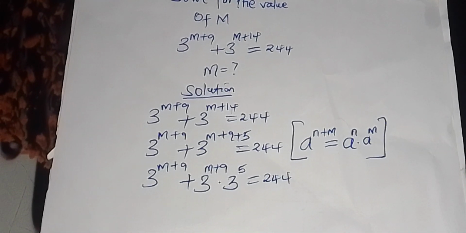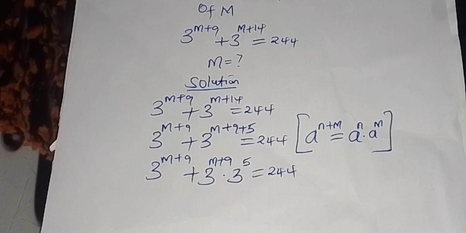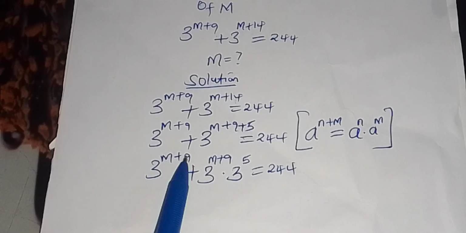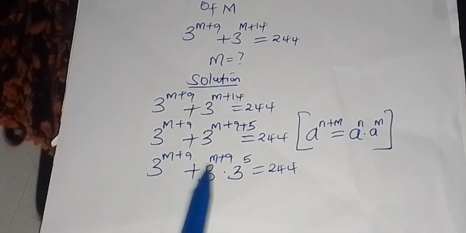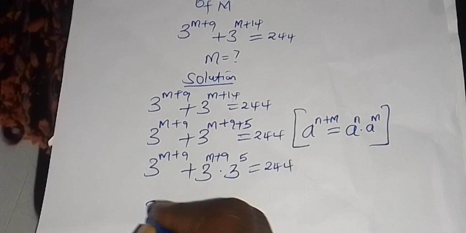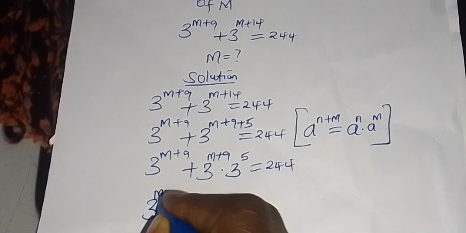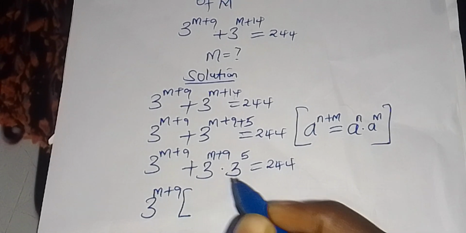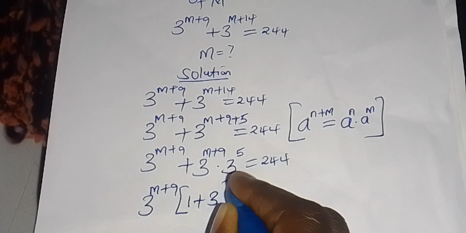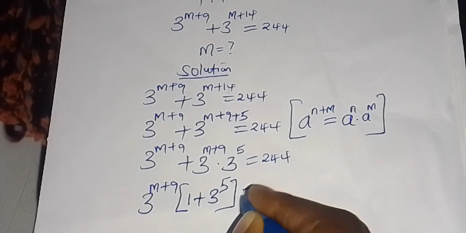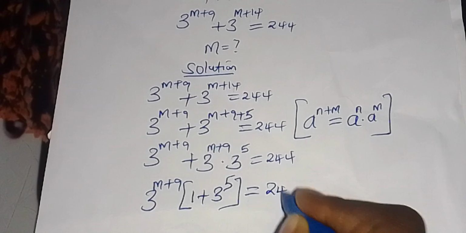Okay, now given that 3 raised to power m plus 9 and 3 raised to power m plus 9 are common, we can factor out 3 raised to power m plus 9, and then we'll have 1 plus 3 raised to power 5. All of this is supposed to give us 244.